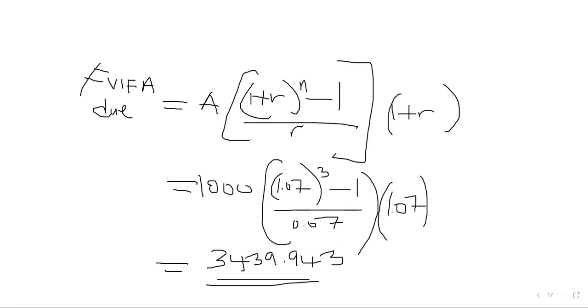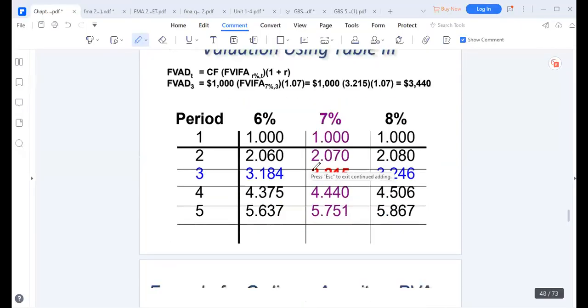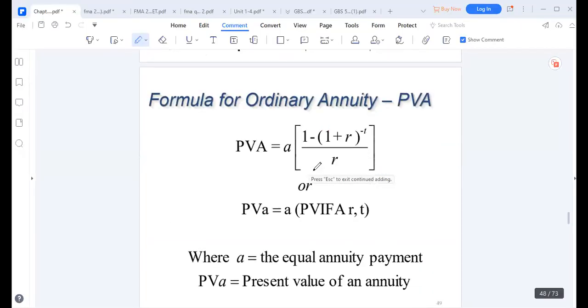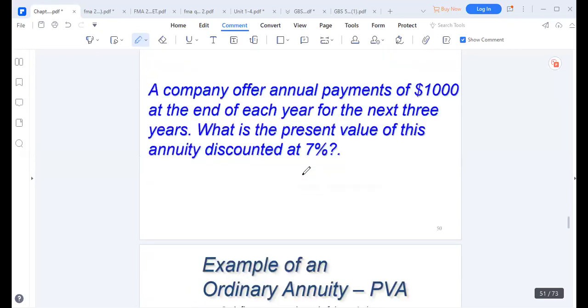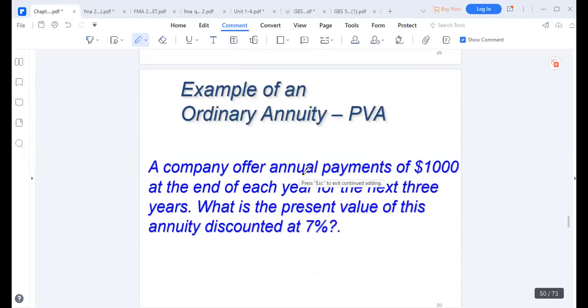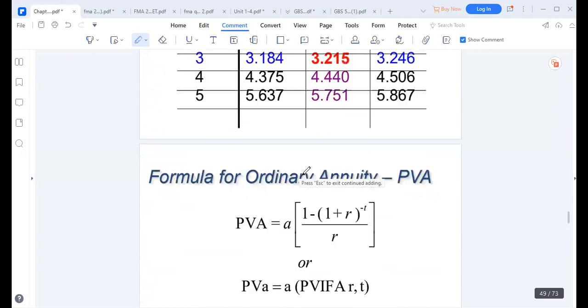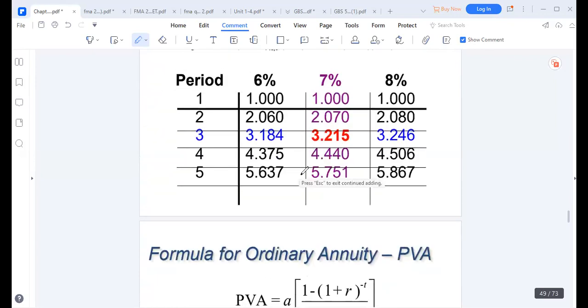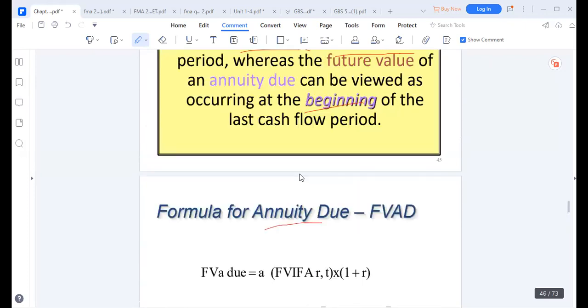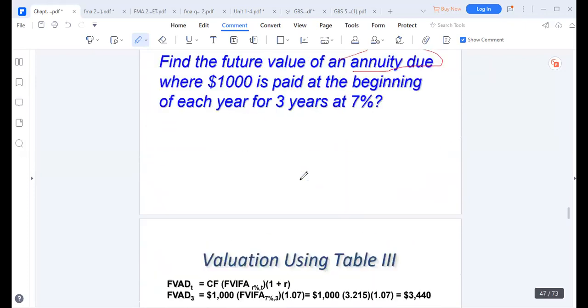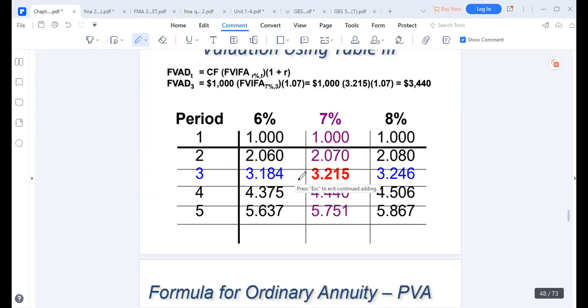Please take note of what is going on here. This future value interest factor annuity due is giving us that amount for that given problem.